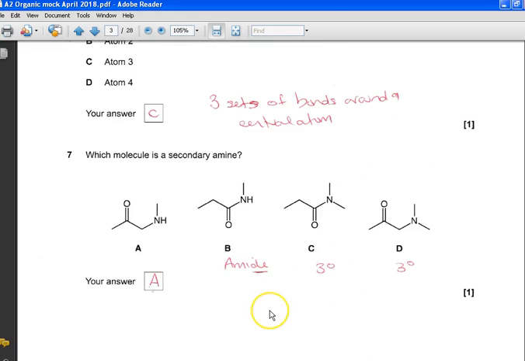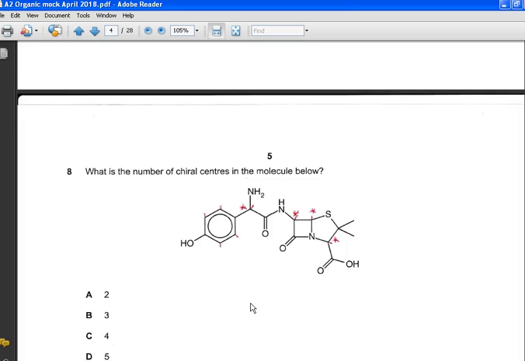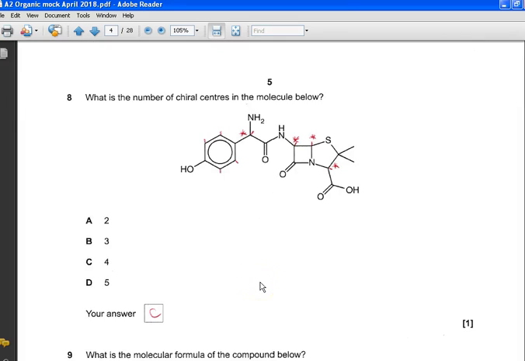Secondary amine, obviously you need to recognise that 2 hydrogens have been replaced on the nitrogen, and you could be fooled by this one, but this is actually an amide, not an amine, so it has to be A. Chiral centres, I think the easiest way to do this is to quickly put in the hydrogens. Obviously if there's a double bond, you know that's not a chiral centre.